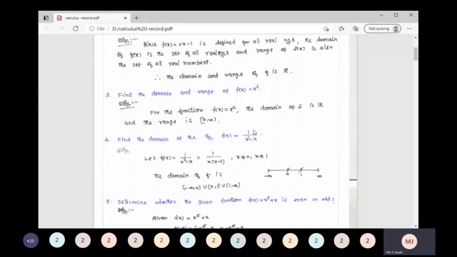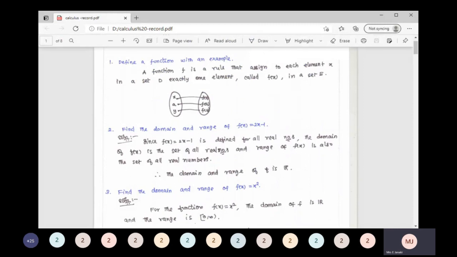At the same time, x equal to 1 in the denominator, so 1 minus 1 becomes 0. Any number divided by 0, we are getting infinity. So 1 divided by infinity equal to 0. Therefore the function is not defined at the particular points 0 and 1. And at any other point you can substitute, the function is defined.